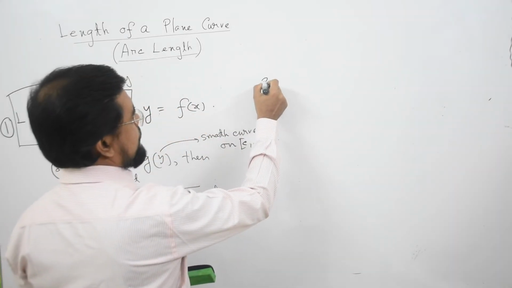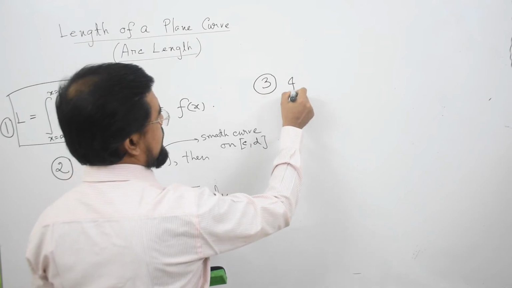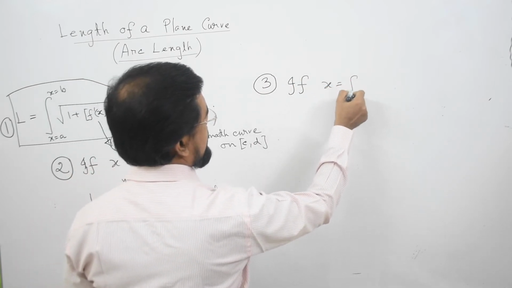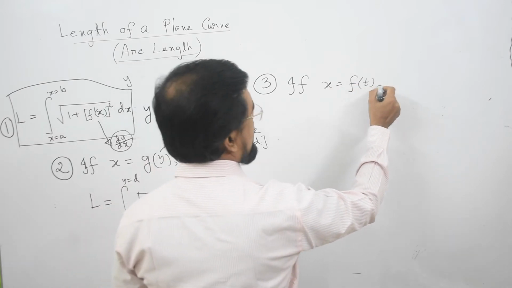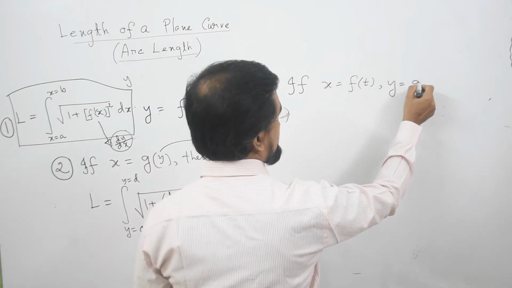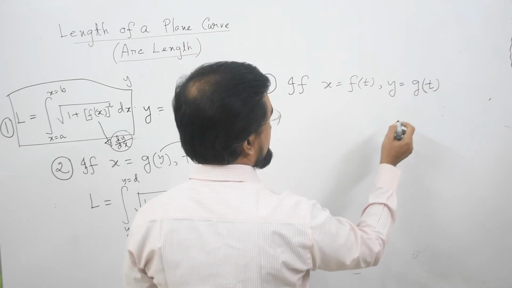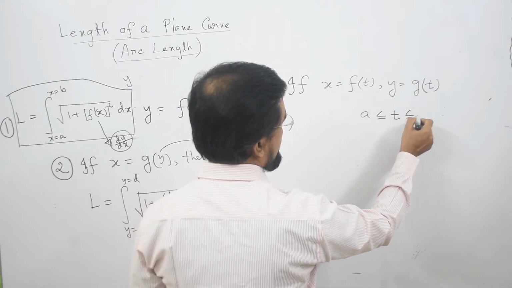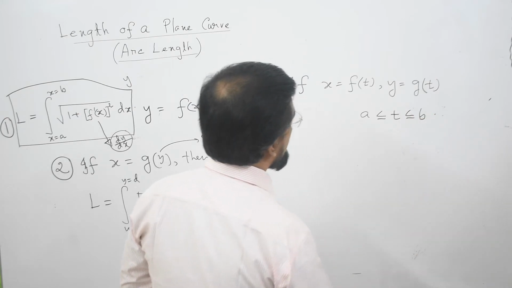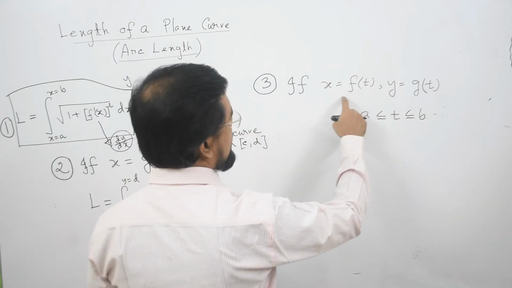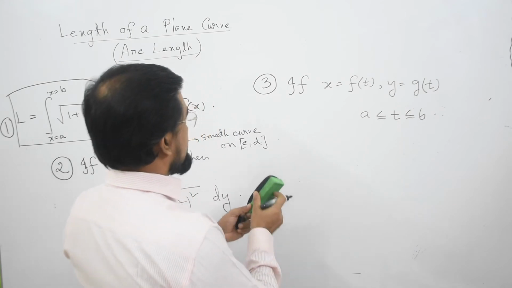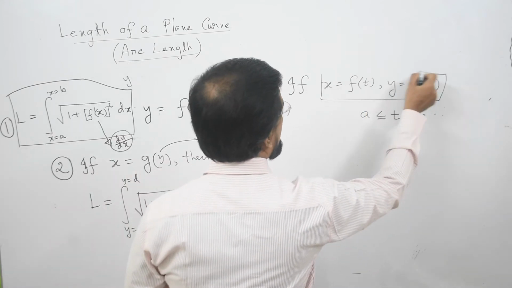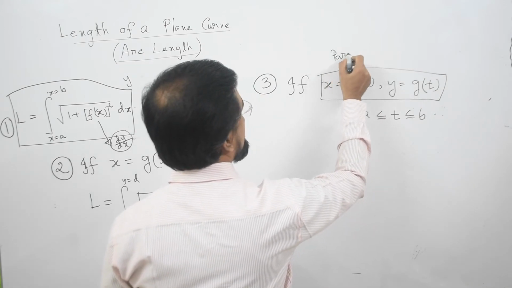So formula 3: if your equation is given like x is a function of t and y is another function of t, and t is between a and b. Here x and y are represented by a parameter, and these equations are called parametric equations.